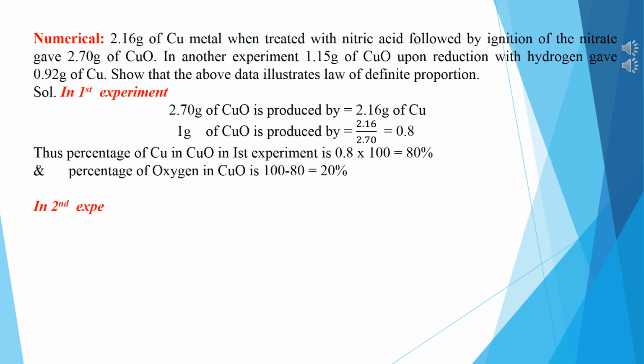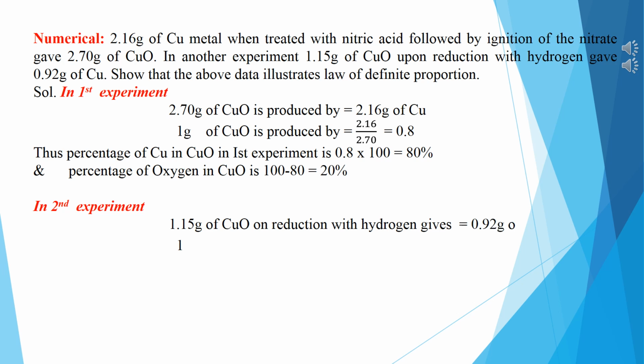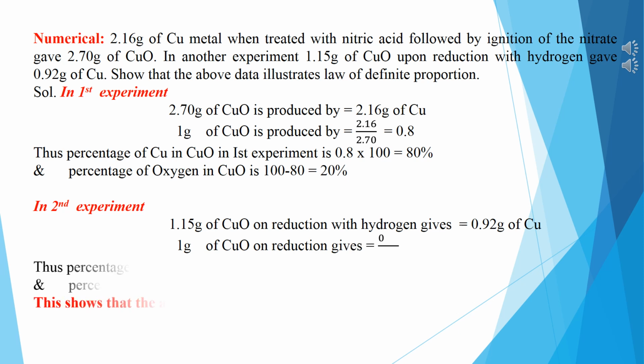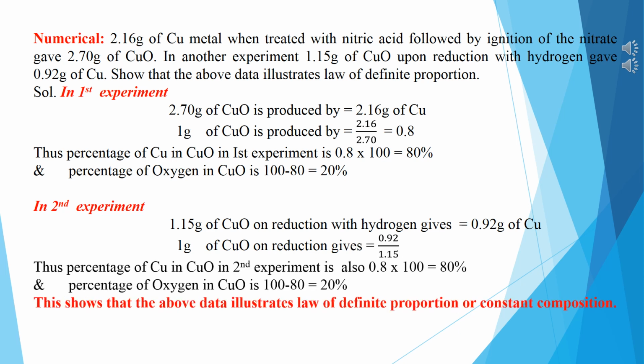So in another experiment, 1.15 gram of copper oxide on reduction with hydrogen gives 0.92 gram of copper. So 1 gram of copper oxide on reduction gives how much copper? 0.92 divided by 1.15, that comes out to be 0.8.